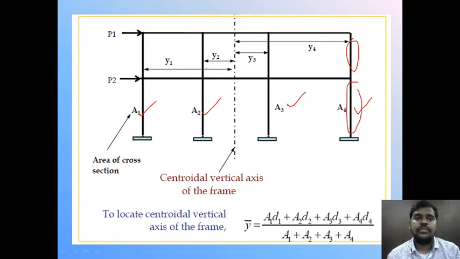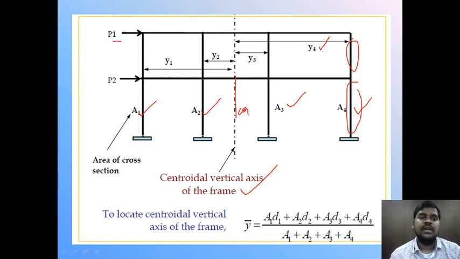So y1, y2, y3 and y4 are the distances of the respective columns from the center of gravity. So this is the center of gravity line. You can notice the second assumption. This is the centroidal vertical axis of the frame.